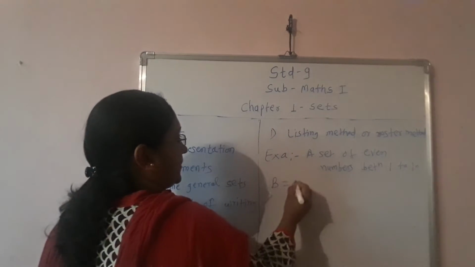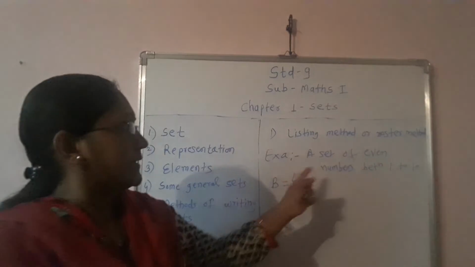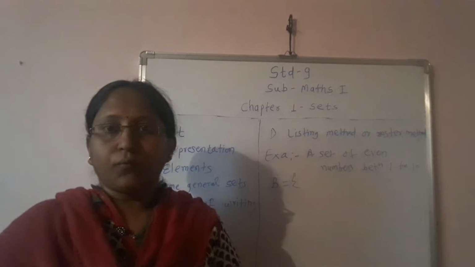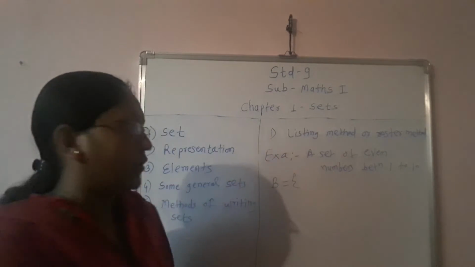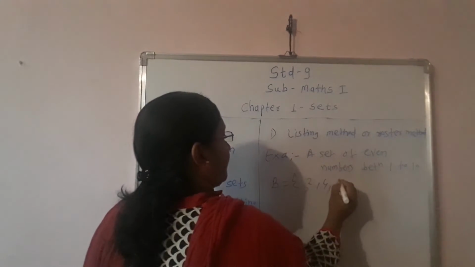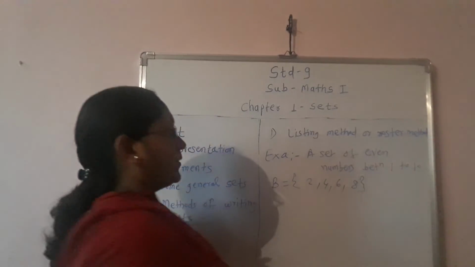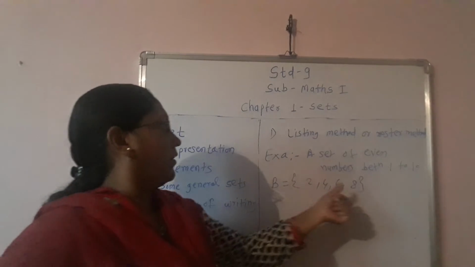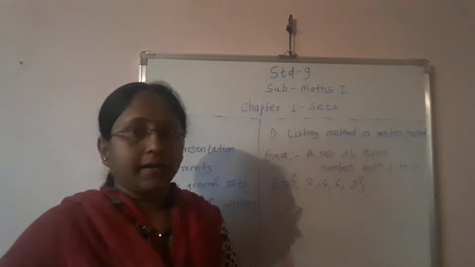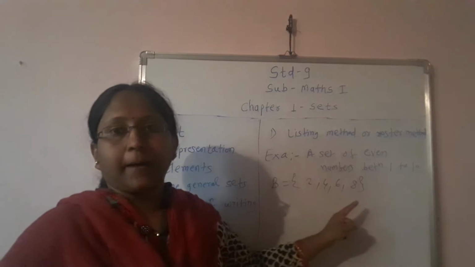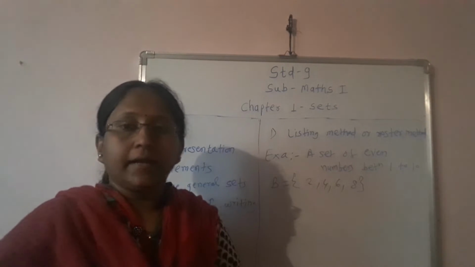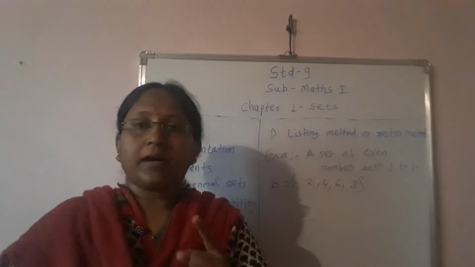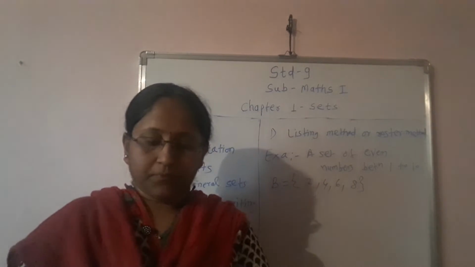Suppose I use B, and B is equal to the set of even numbers between 1 to 10. Even numbers, I know, are 2, 4, 6, 8. In the listing method we use curly brackets and every element is separated by a comma.